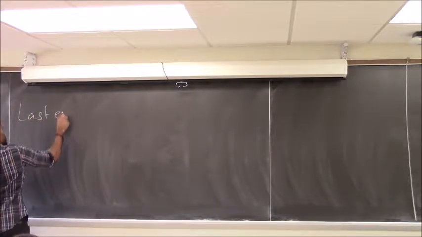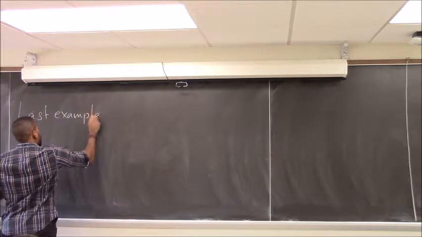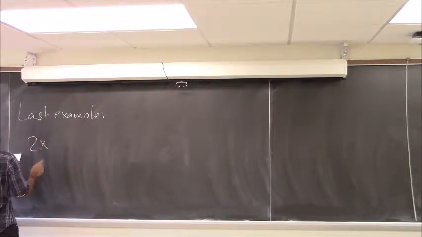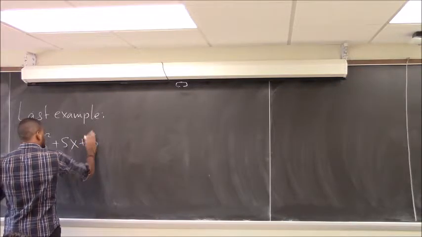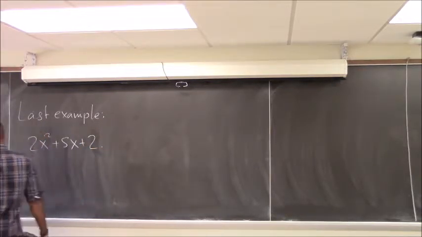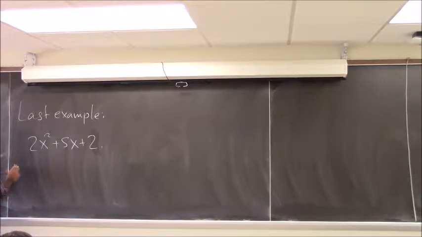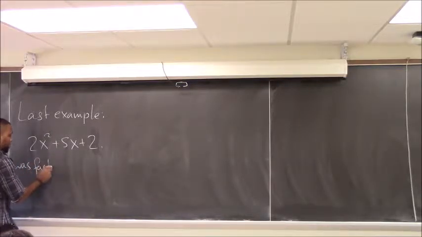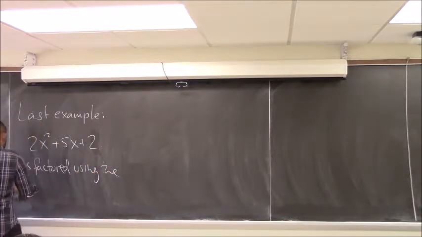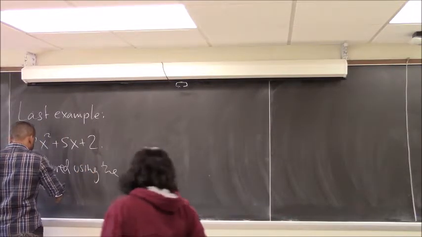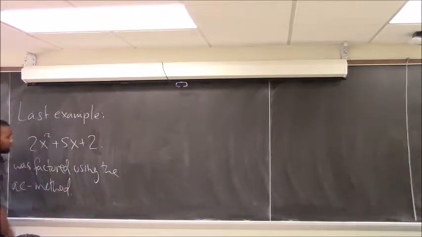I believe our last example was we wanted to factor the 2x squared plus 5x plus 2. It's factored using the AC method.